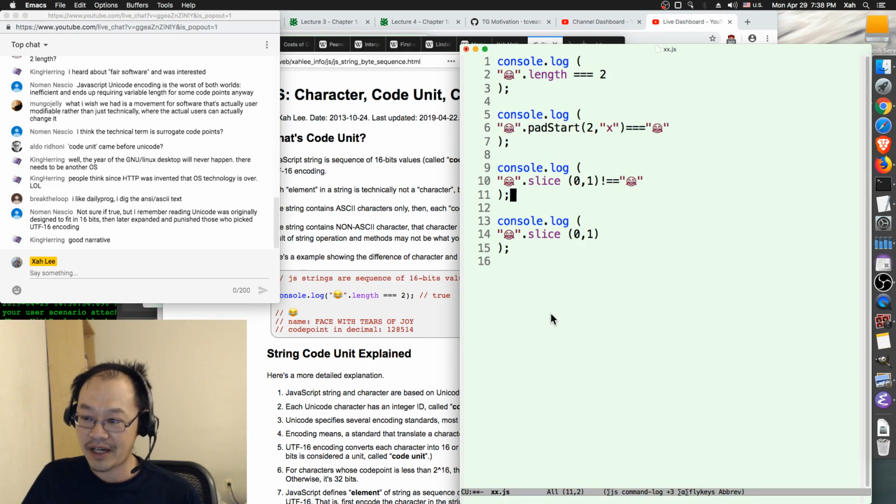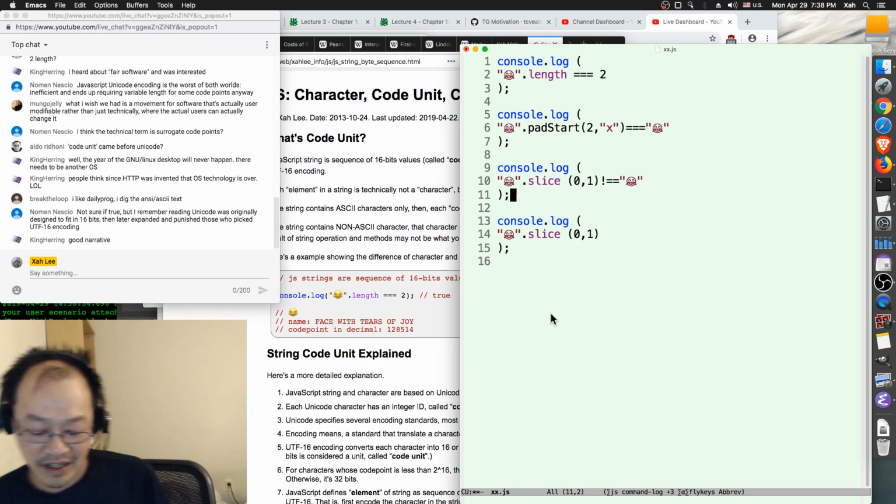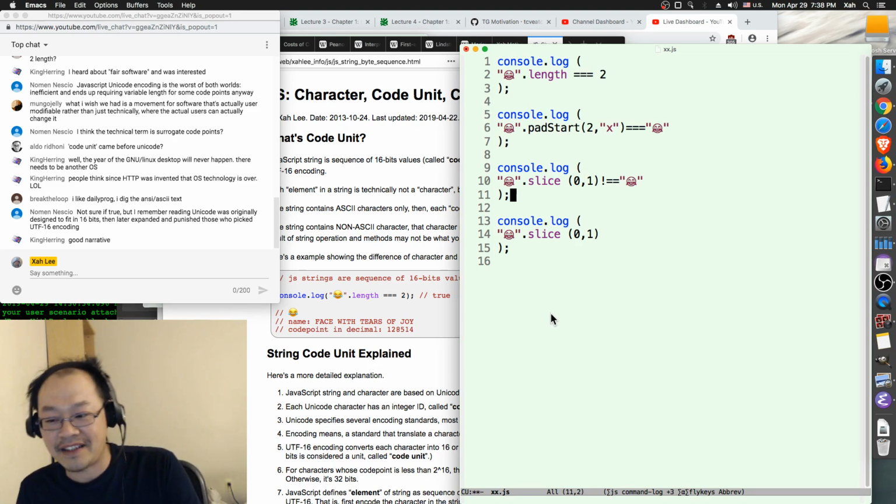But not until later on, like 2005 or later, people began to realize 16 bits is not enough to encode all the world's languages and so on. And UTF-8 is an interesting story by itself. I despise UTF-8.